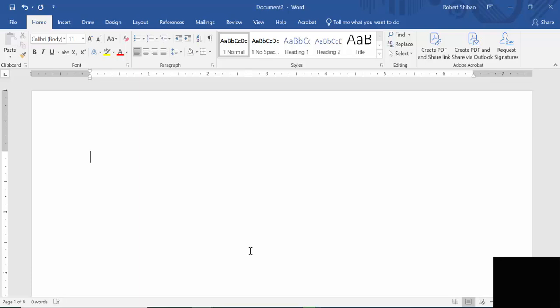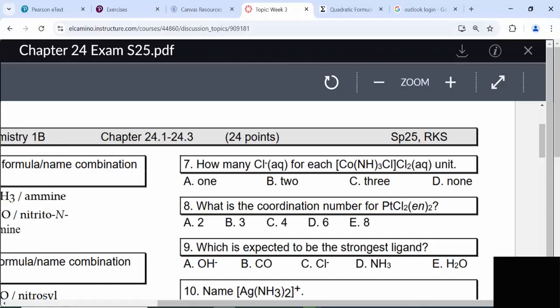Because what was the oxidation state of the cobalt here? Well, let's go back to that. 2 plus. Anybody else have a 3 plus?